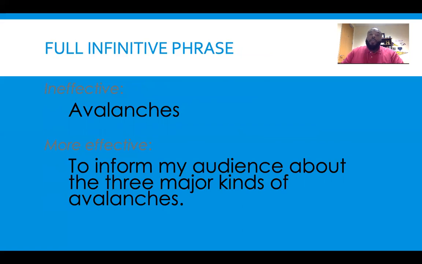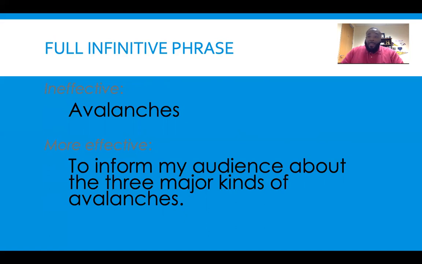In terms of having a full infinitive phrase, you want a full sentence, basically. You don't want to say, my specific purpose is to inform about avalanches. Now, that would be a full phrase, but it's very vague. What about avalanches?